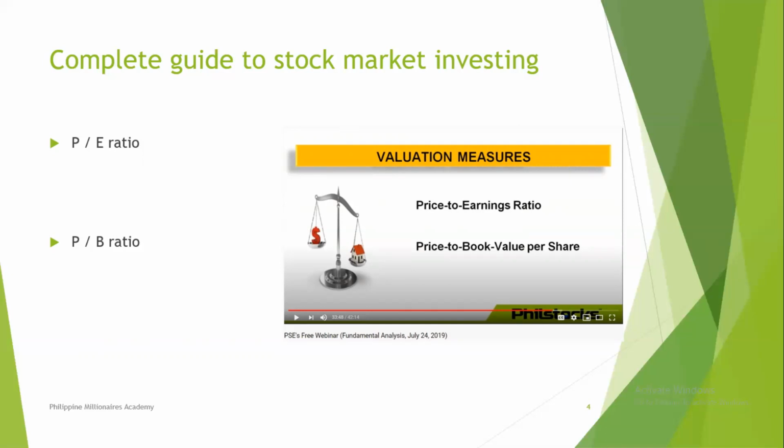If the current price is much lower than the intrinsic value, that means it is undervalued. But if the current price is way above the intrinsic value, that means it is overpriced. So magkakaroon ka ngayon ng comparison, at magkakaroon ka din ng basis kung mura or mahal ba yung isang stock.